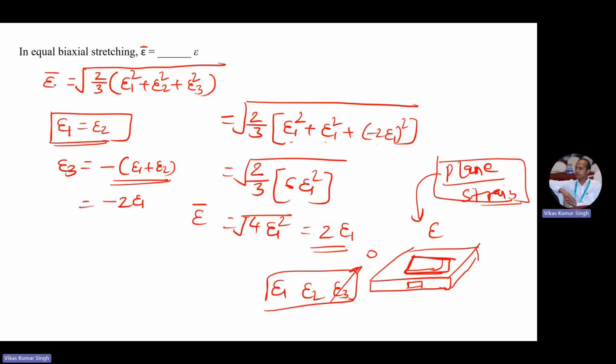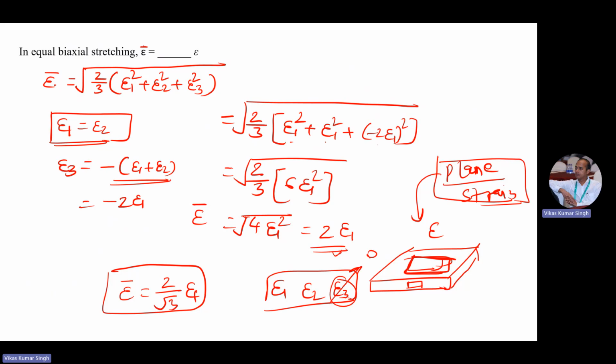If we are talking about this plane, we are not thinking about epsilon 3, it is zero. So you must be ready for this type of question also. If you remove epsilon 3 from this question, this will give another condition, and if you solve the problem using the plane strain condition, the effective strain will come like this. So this condition can also be asked.